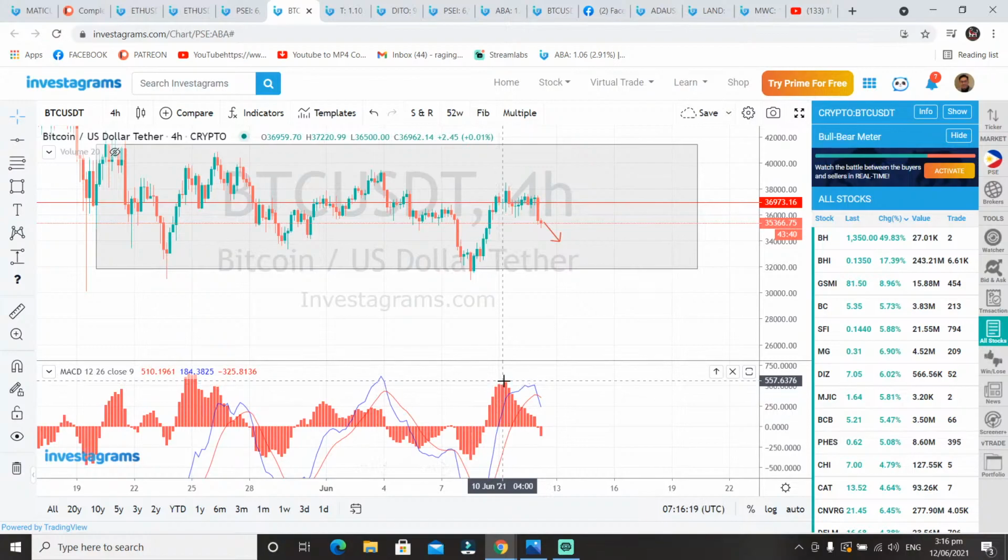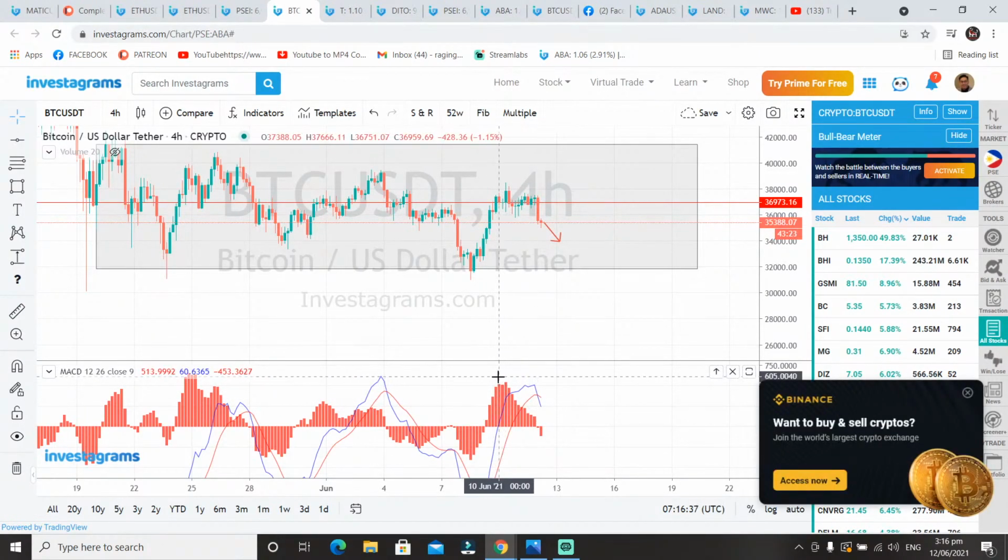Since it's going down, it's pointing towards reversion of our histogram. You see, there's not much movement in this part, right? But since we have this very strong histogram momentum in this part, that's why we have a strong reversal of movement.